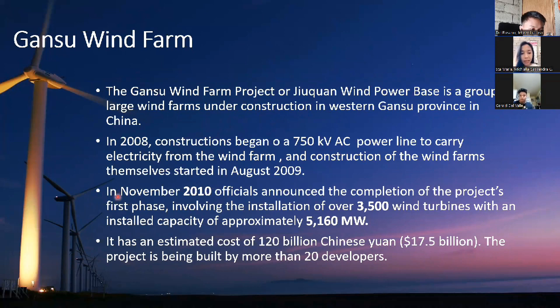In November 2010, it was officially announced that the first phase of the project was completed, involving the installation of over 3,500 wind turbines with an installed capacity of approximately 5,160. It has an estimated cost of 120 billion Chinese yuan or $17.5 billion. The project is being built by more than 20 developers.